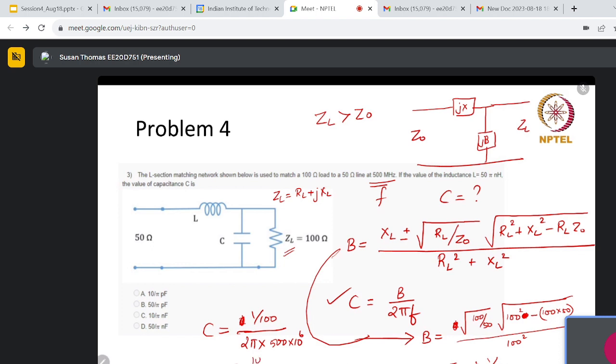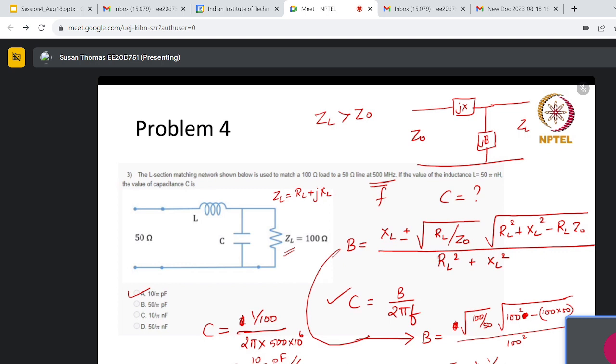So you have the final answer 10 by pi picofarad. So if you know this L section network, how to find out the C, if you know the formula and if you know the load value, that is the RL plus jXL and the Z0, you can calculate B. From B, you can find out C.